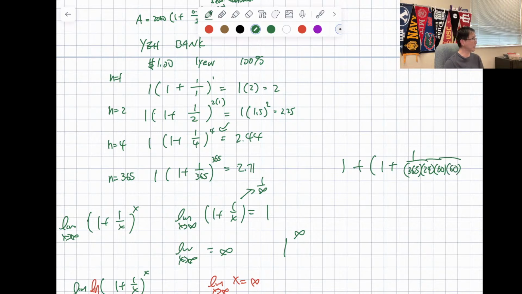That's how many times it compounds. To the 365, to the 24, to the 60, to the 60. Can somebody tell me what the value is? Go type in. You're really fast on that. So I'm going to compound every second.